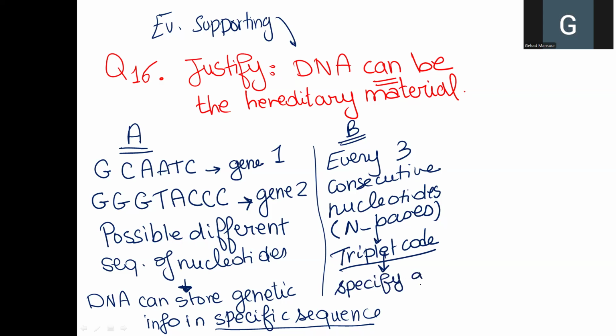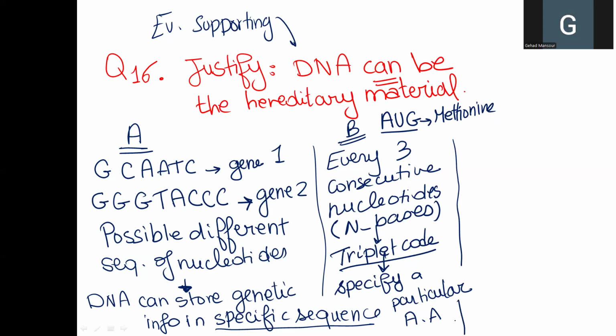We will see how during polypeptide synthesis, when the enzymes see, for example, a particular sequence like AUG, they know that they have to get the amino acid methionine to the ribosome in order to start the synthesis of a polypeptide chain.